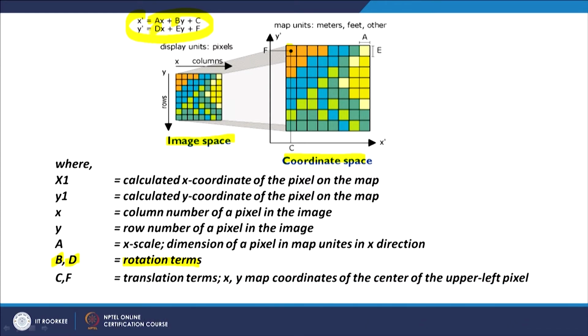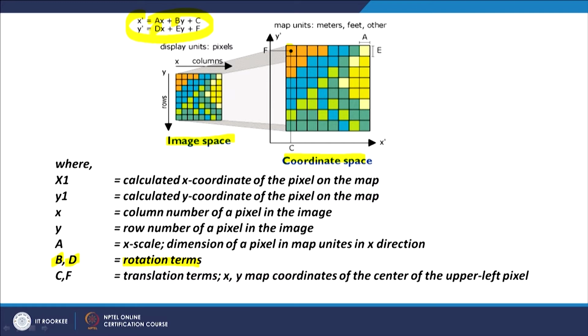In a second order transformation, C and F are the translation terms, and that means the x and y coordinates of the center of the upper left pixel, because these are coming from there, and we want an image where geographic coordinates start from the bottom left. So, translation terms are also used in the form of C and F, and then E is negative, because we are coming from the top left corner to the bottom left corner.